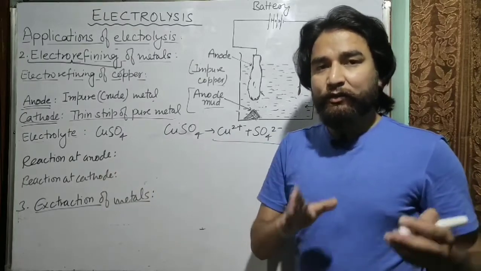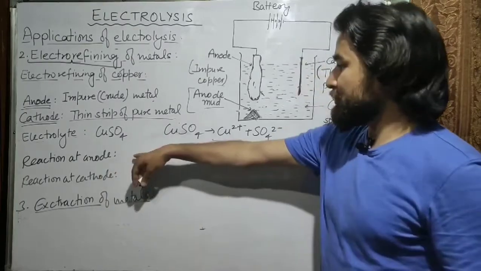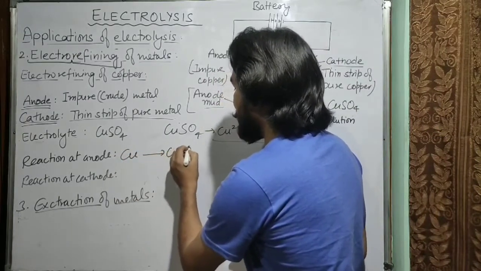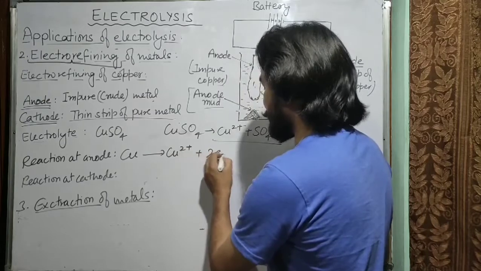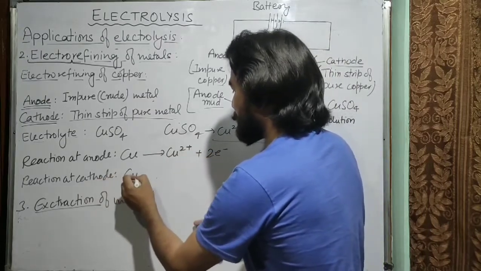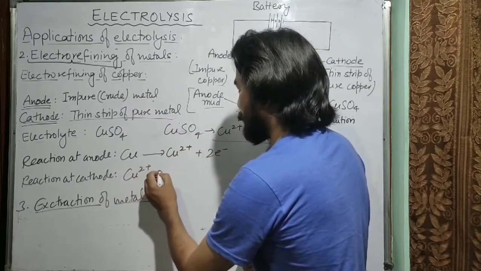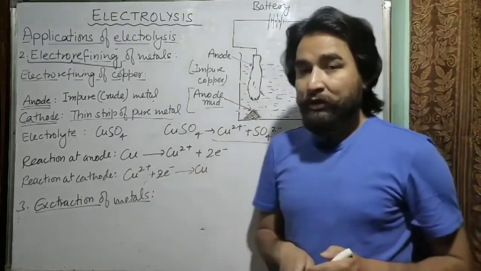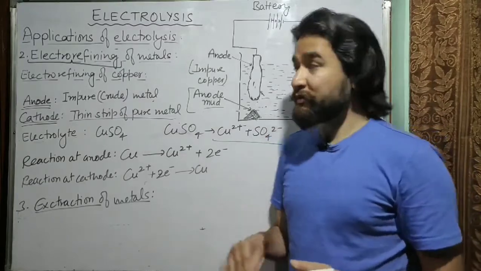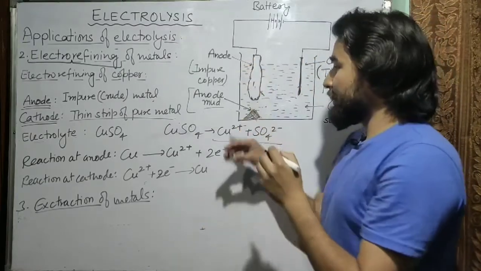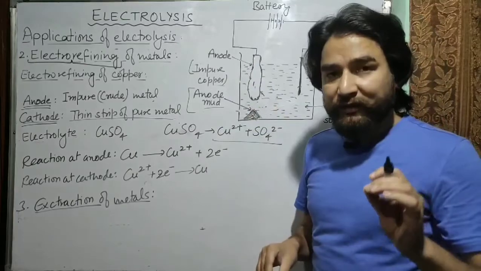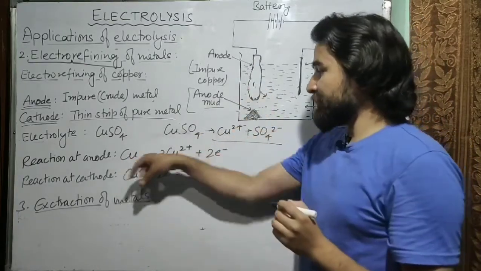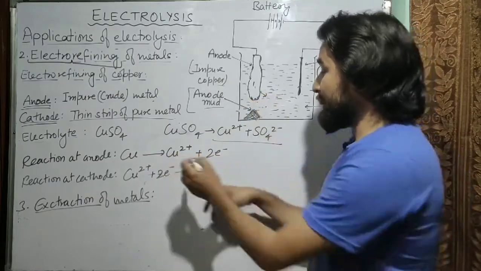Now the reaction at anode and cathode. From the reaction you can understand it very easily. At the anode, copper will lose electrons and form copper ion, and at the cathode this copper ion will gain electrons and get deposited. So what happens in the whole process? At the anode we are keeping impure metal, so the copper is oxidized at the anode and forms copper ions.